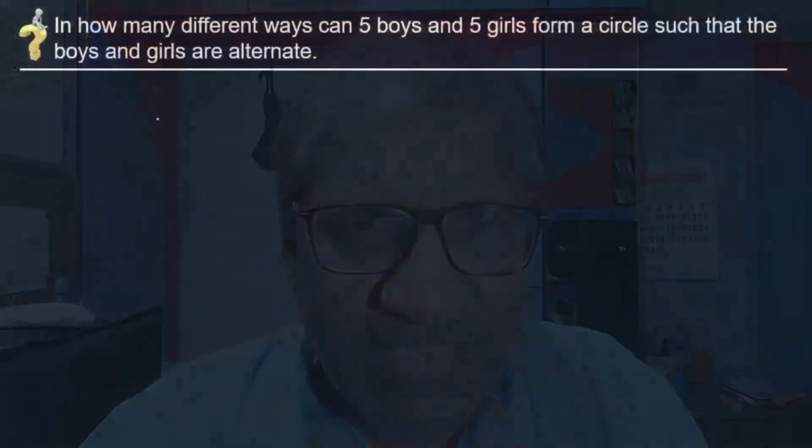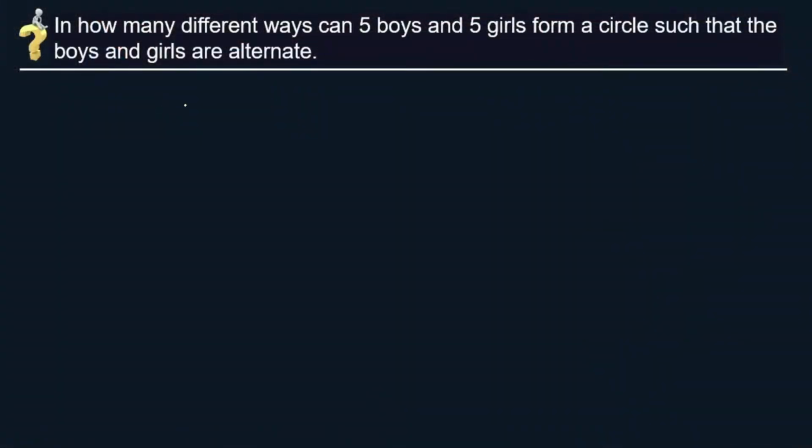Obviously different, because they are sitting around a circular table, or forming a circle, which carries the same meaning. So in this case, the clockwise and anti-clockwise arrangements are different. Okay? Now, let us see. Let me just draw a circle first.